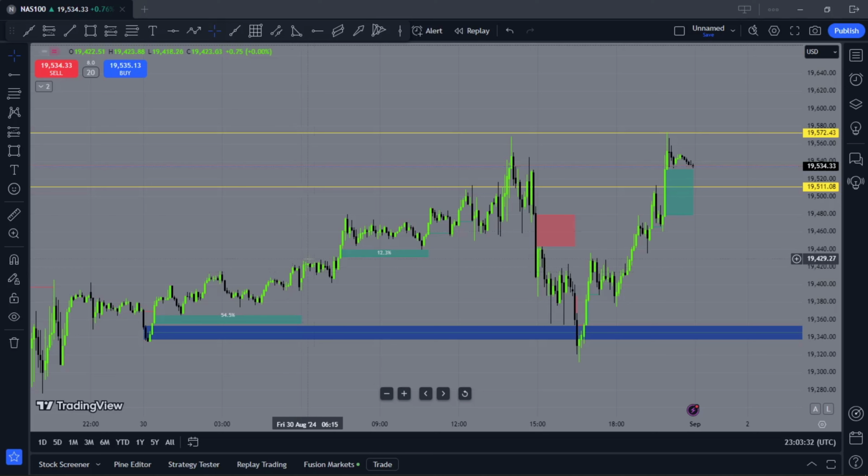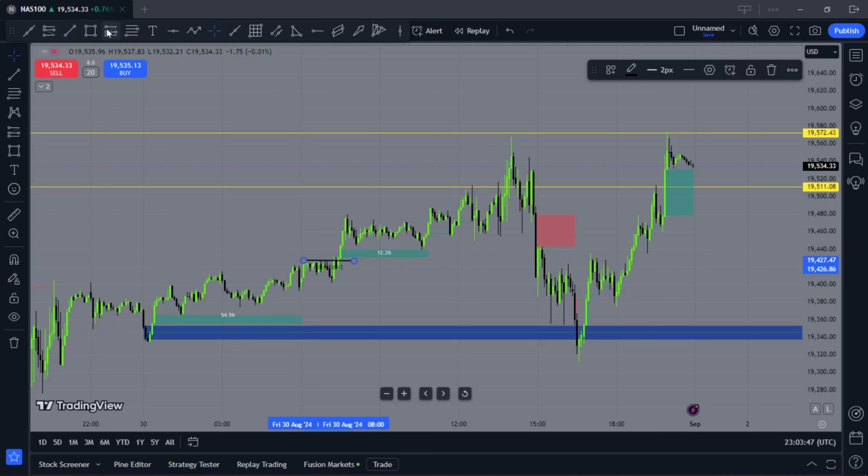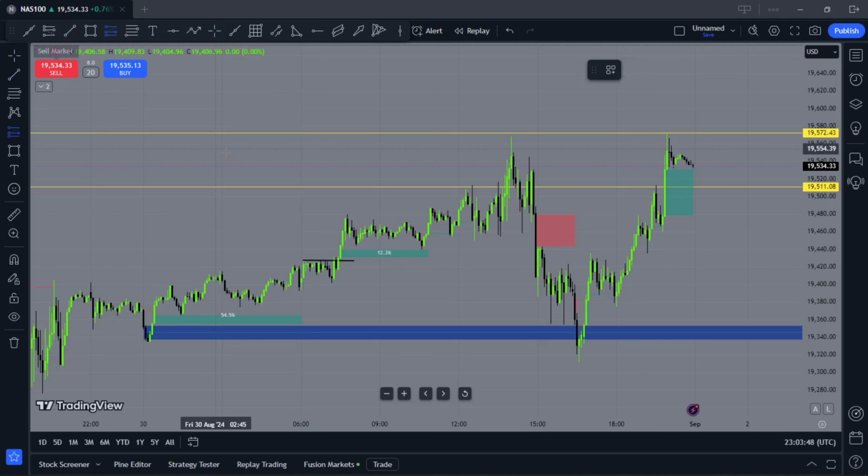If this one too is not broken, when you look at this very well, from here it has broken a structure like that. Just look here. This is a break of structure right here. So you could have equally entered another trade at this level, simple, targeting this high and what?